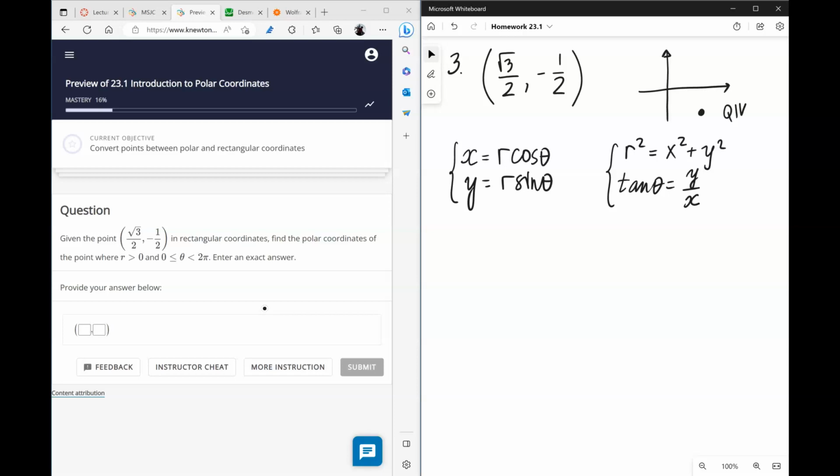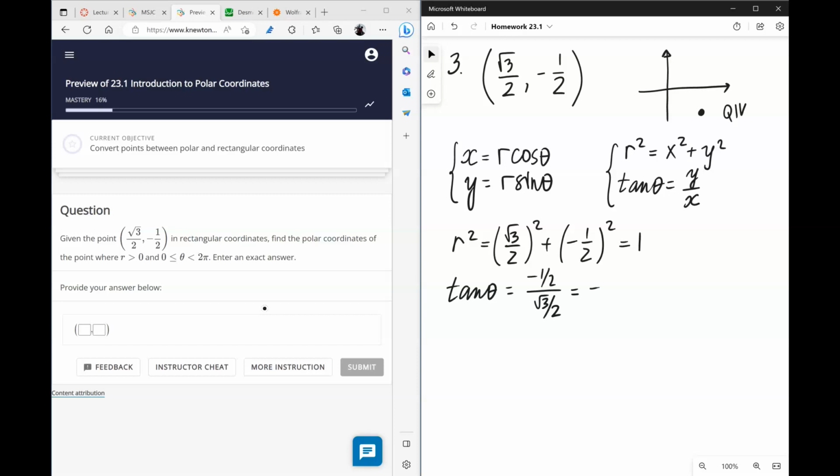So let's go ahead and set them up. So we have r squared is equal to square root of 3 over 2 squared plus negative 1/2 squared. That's just 1. And we have tangent theta equal to y over x. So it's negative 1/2 over root 3 over 2.